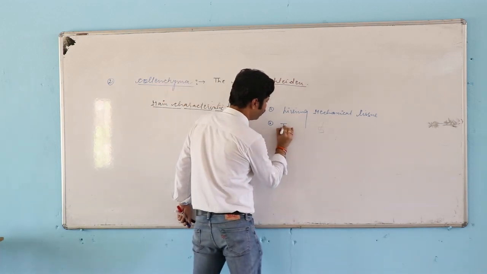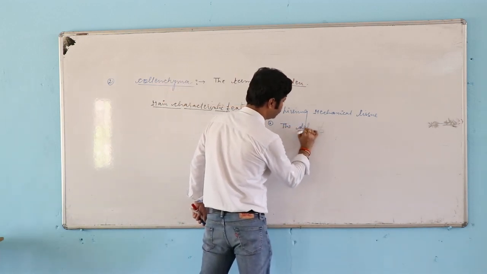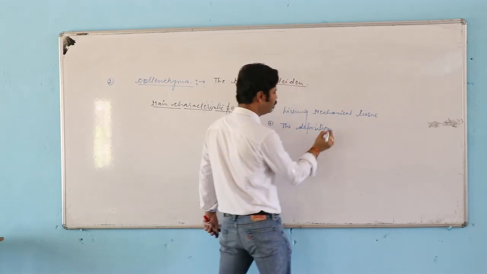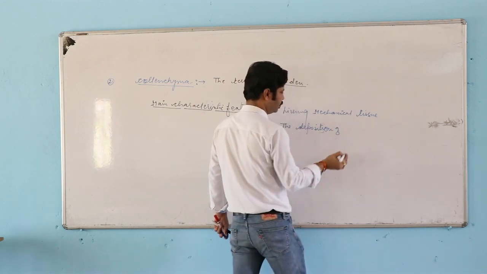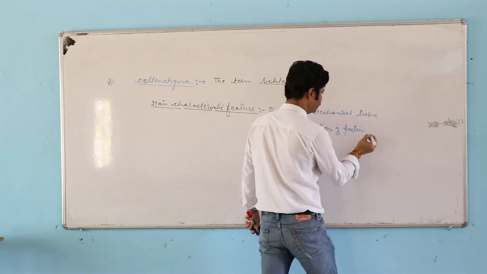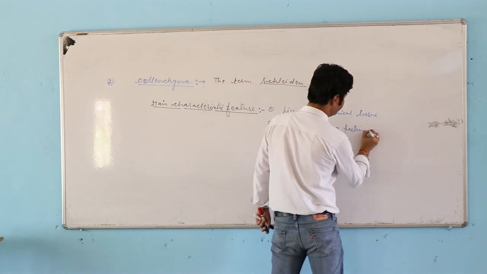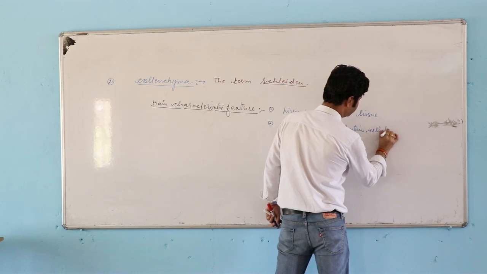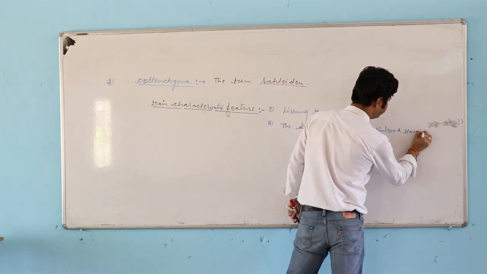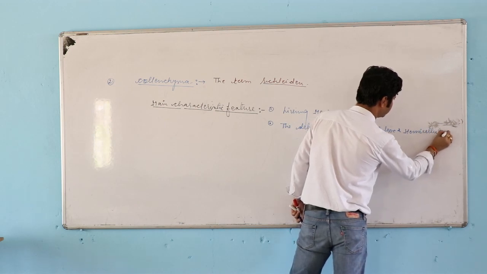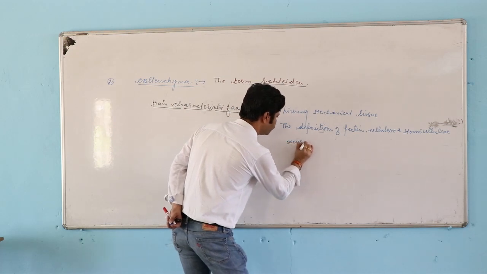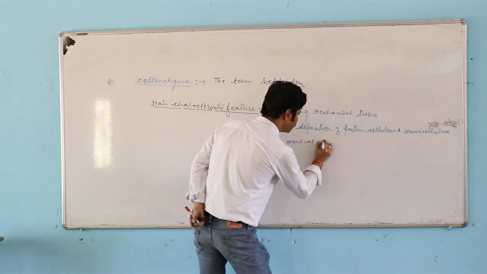The deposition of pectin, cellulose and hemicellulose occurs at the corner.